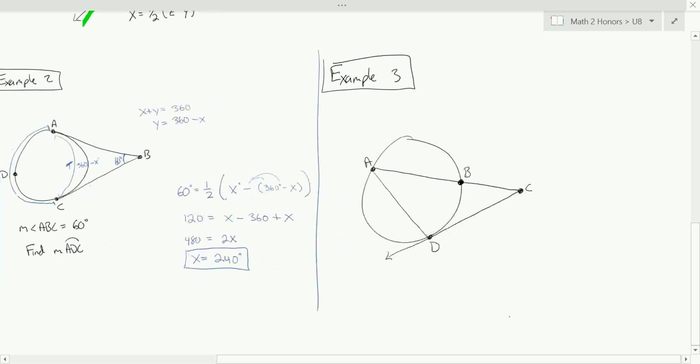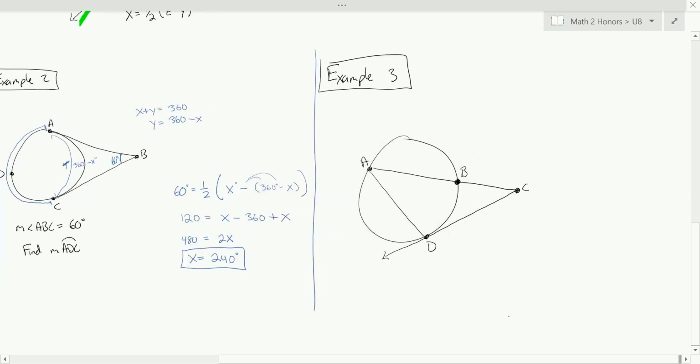And I'm going to tell you that the measure of arc ABD is going to be 200 degrees.